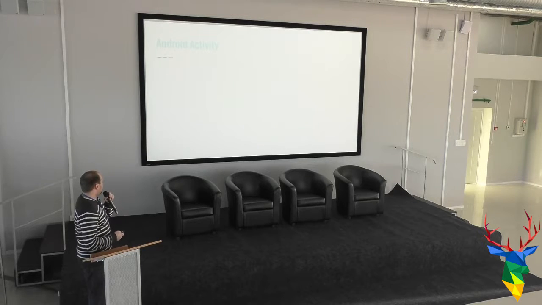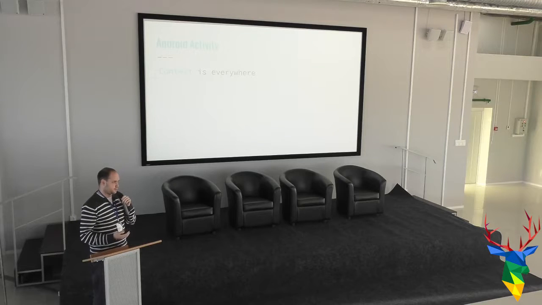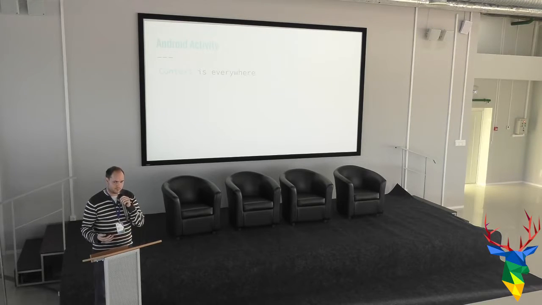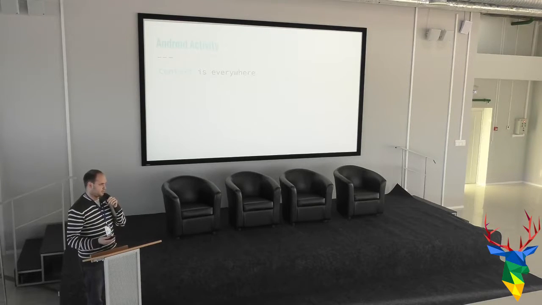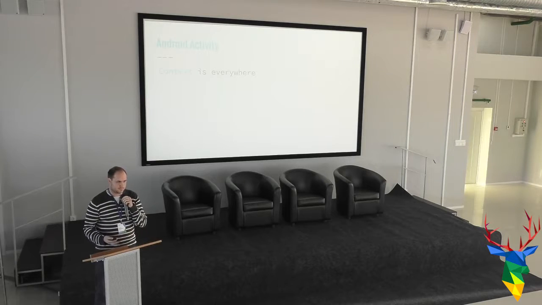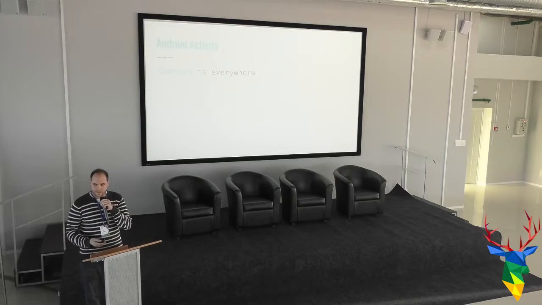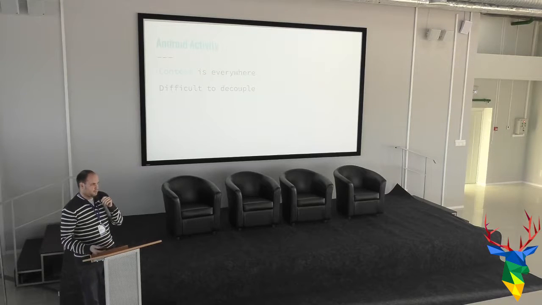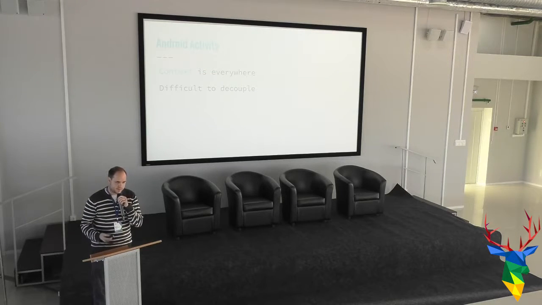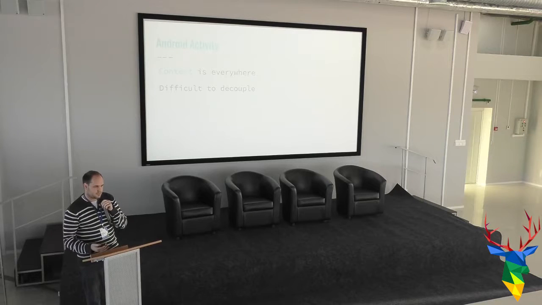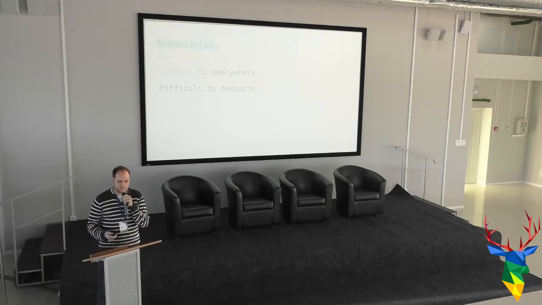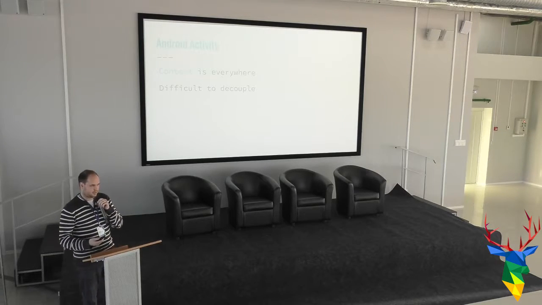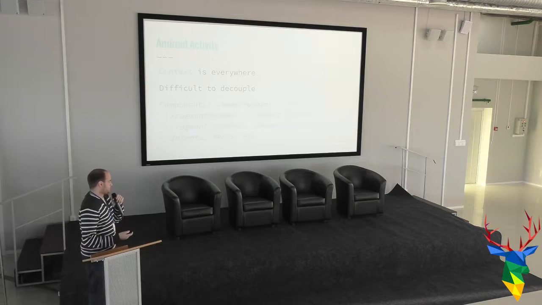So a bit about the Android activity. When we wanted to create our own components, the main problem was that the context is everywhere. We wanted to decouple as much as possible so we could make it modular. And the problem is the context is everywhere. Another problem is that when you have a tightly coupled mechanism provided by the platform, it's very, very difficult to decouple.